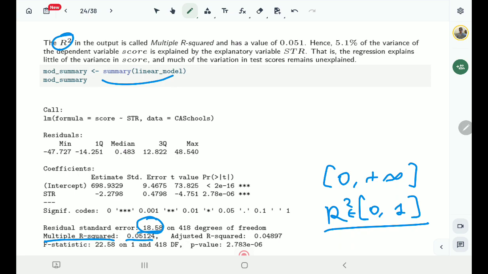That is the other name of R square. Okay, and by the way, we learned that the standard regression output in R reports R square under the name multiple R square.